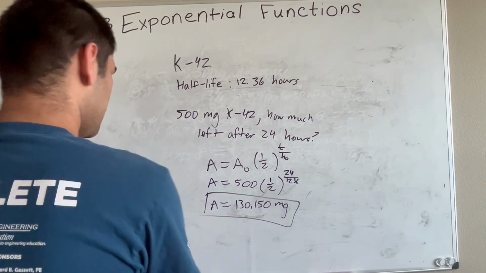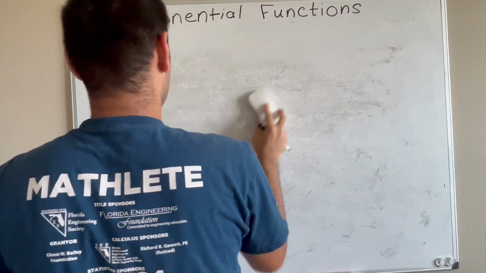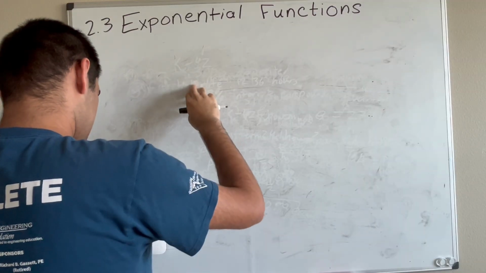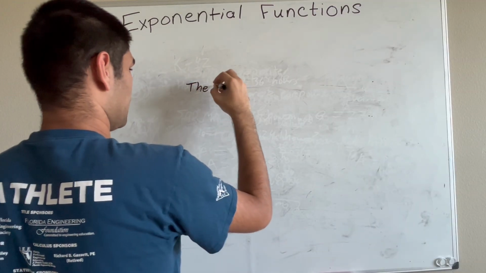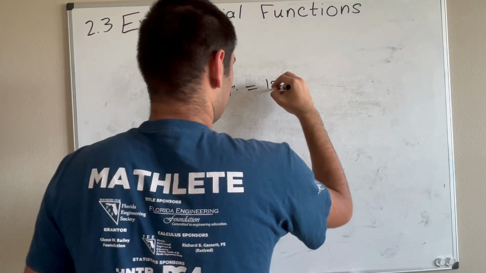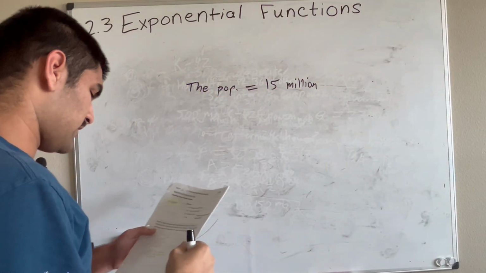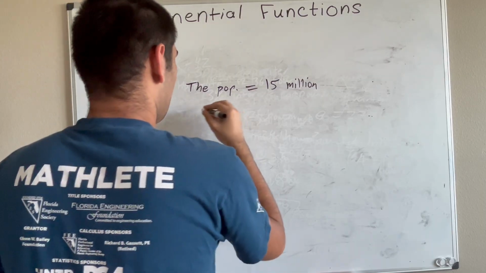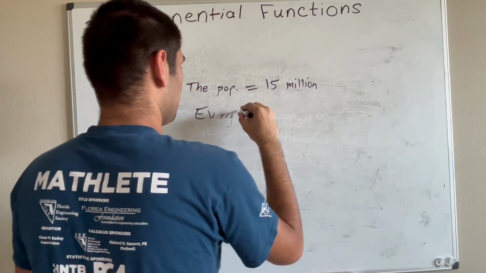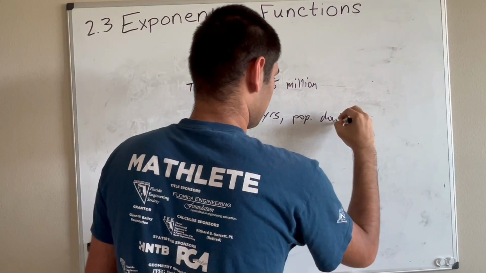Alright, so let's do one more example, one more application of exponential functions. It's population growth, right? So let's say the population of some country is equal to 15 million, and they tell you that every 30 years the population doubles.